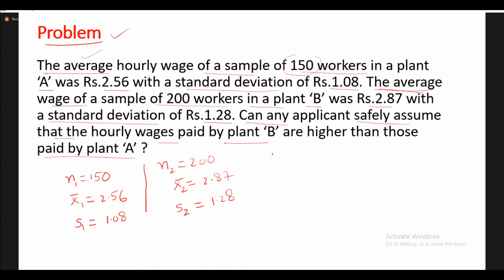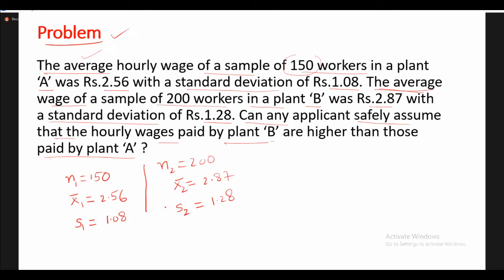Now what are you testing? Whether the hourly wages paid by plant B are higher than those paid by plant A. See here, two random samples, two means are there.